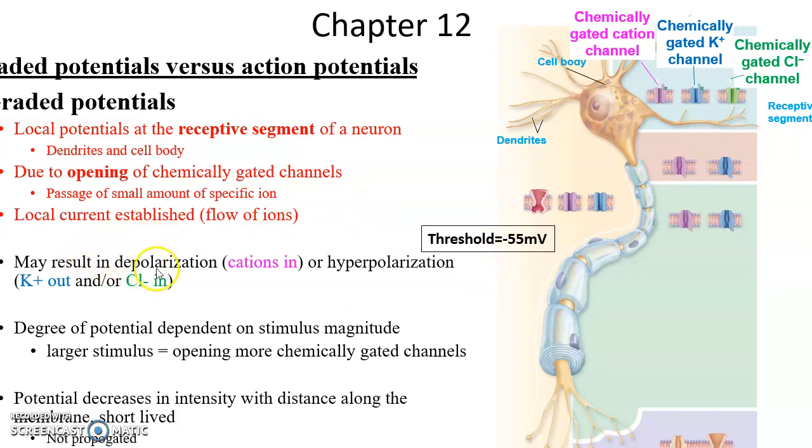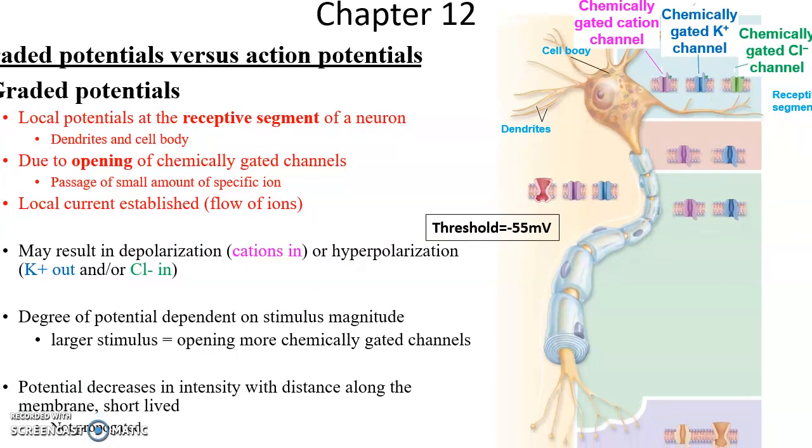Now, again, this could be depolarization, cations or sodium ions coming in, or it could be hyperpolarization, potassium ions leaving, or negatively charged chloride ions entering. So it could be depolarization or hyperpolarization. If the depolarization is significant enough to move the resting membrane potential up to negative 50 millivolts, then we can get an action potential on the axon.